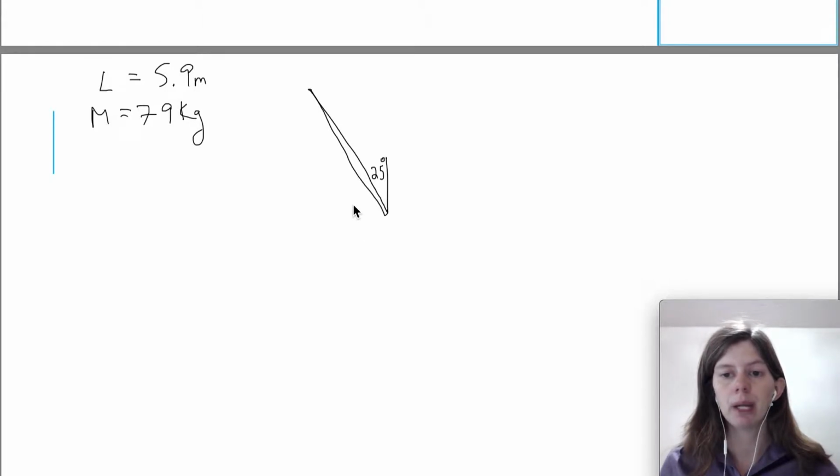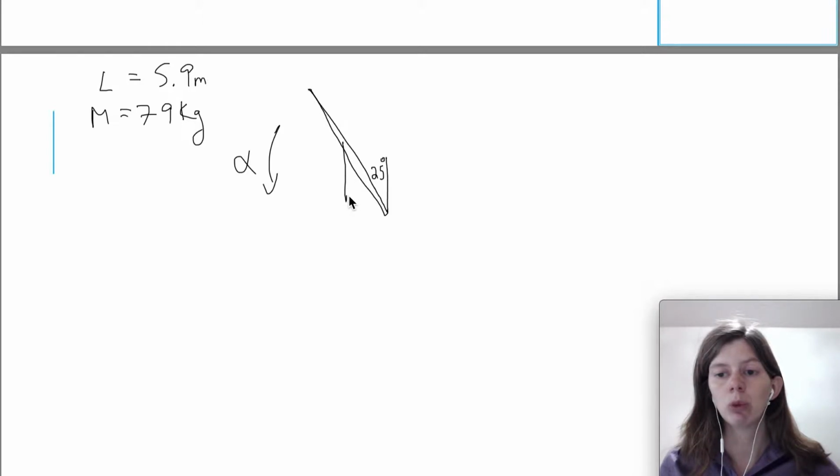So it's going to rotate. We have to figure out, well, what force is producing that torque that is causing it to rotate and have some angular acceleration this way. It's going to be the weight of the object that is pulling it down. Now the weight of the object is going to act at the center. We'll see more about this in the next unit when we talk about center of gravity, but for now, just realize that if a rod is uniform, then the weight is going to overall act in the center.